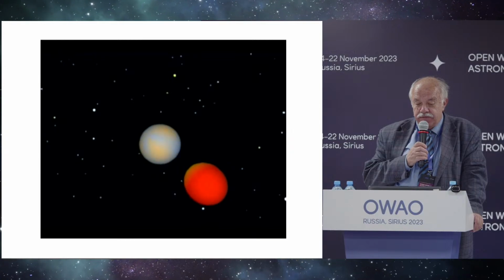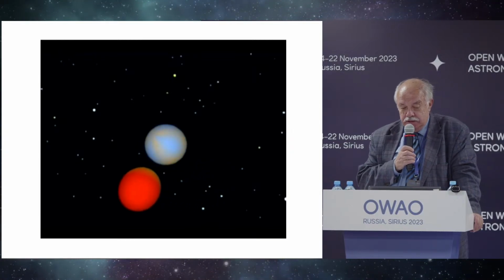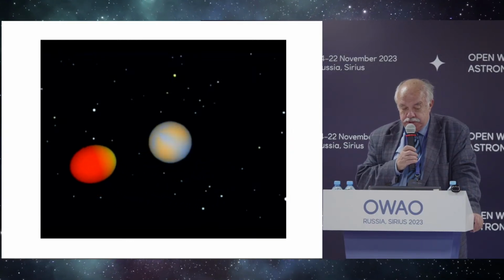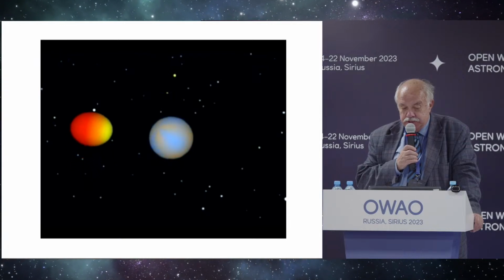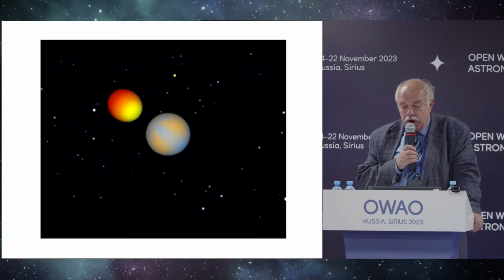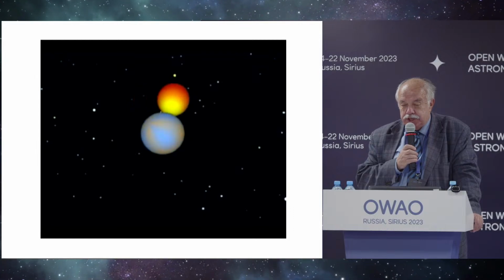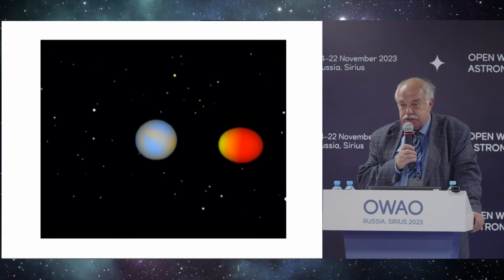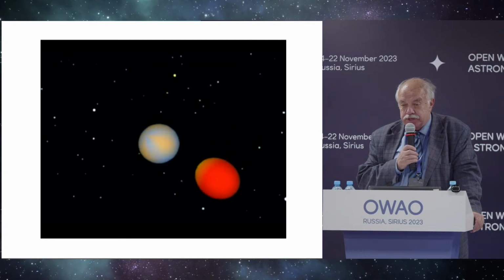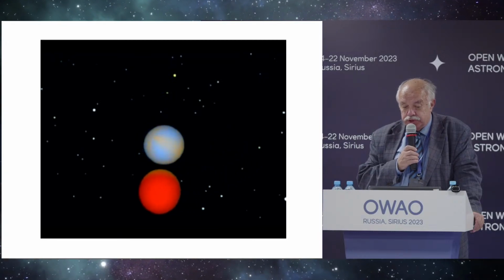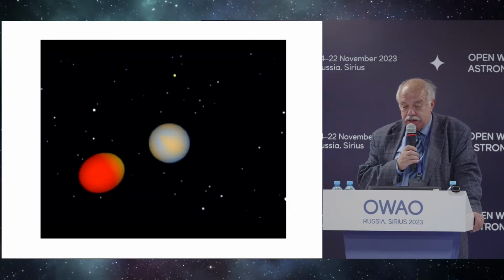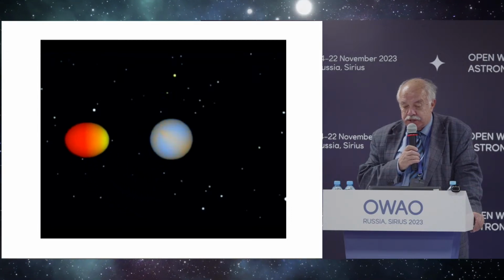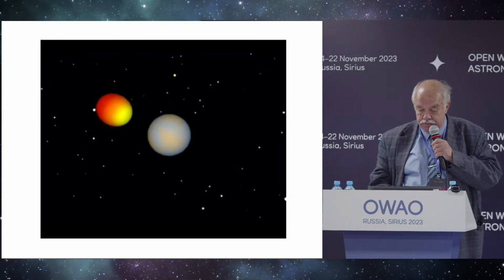And here we have many different effects. Non-radial pulsations, eclipsing variations, and also you see that the hotter star has heated the end of the cooler star turned towards it, and the visibility of this heated region changes during the orbital cycle, and so we also see brightness variations of this star.